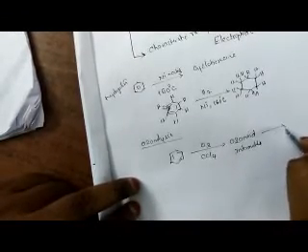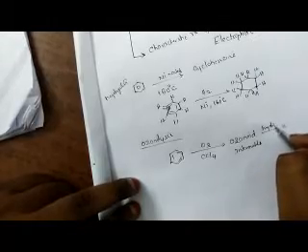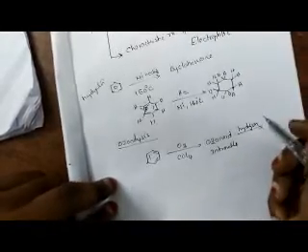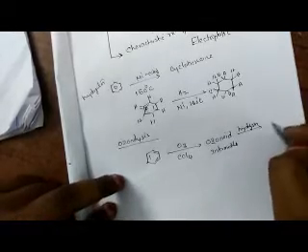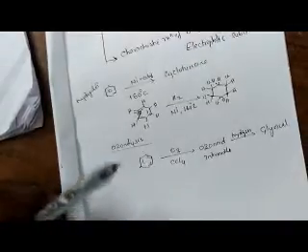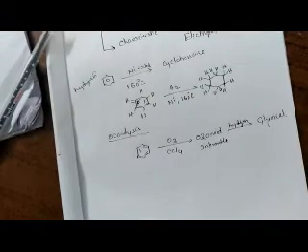On hydrolysis of this ozonoid, we will get glyoxal. It's a very complicated reaction. There is no need to write the chemical reaction for ozonolysis. You can write a chemical reaction for hydrogenation, but ozonolysis is a very complex reaction.